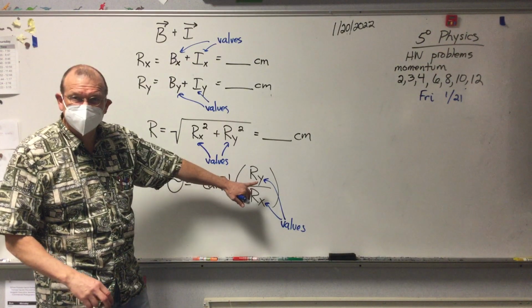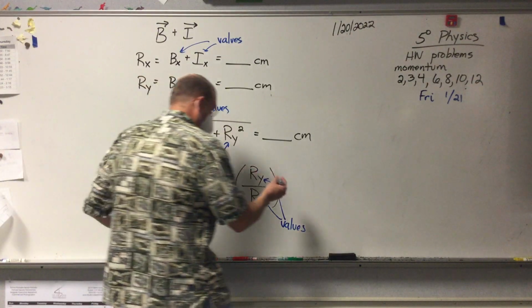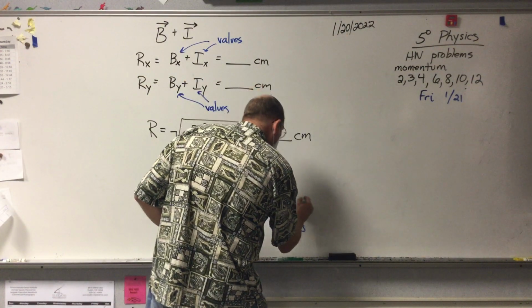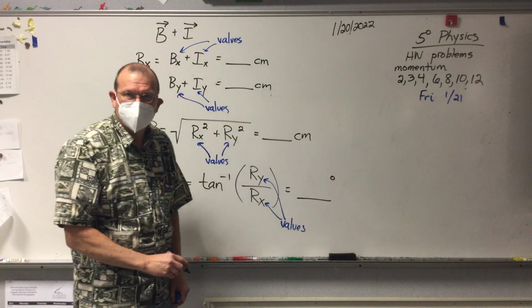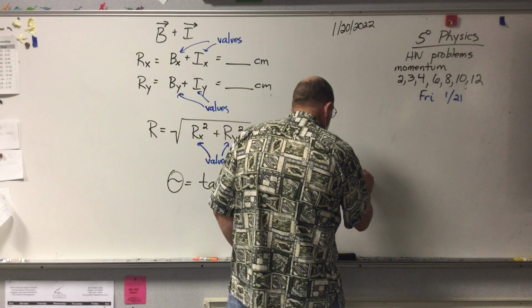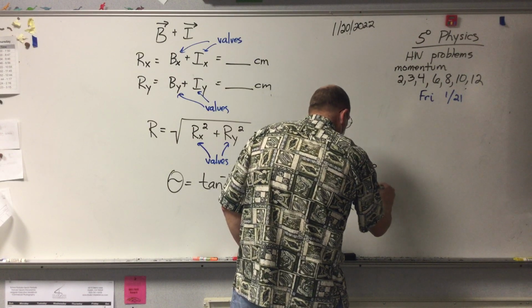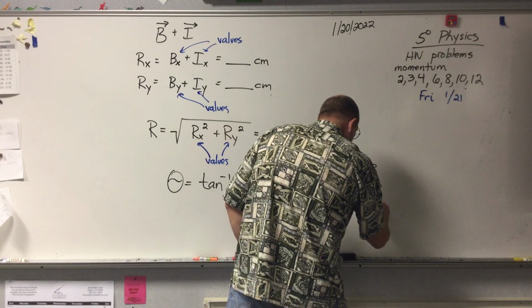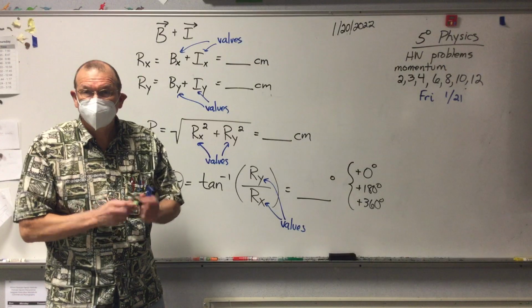Okay, so this is what I am going to expect to see. You're going to do this, but added on to this, you're going to get a certain number of degrees, and then I want to see that notation.